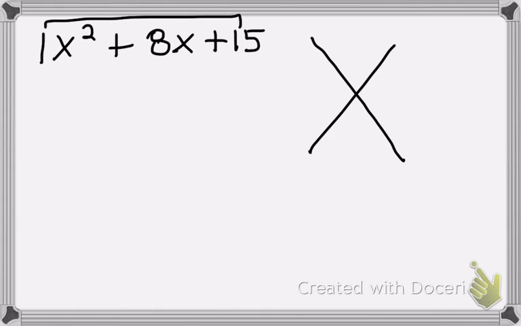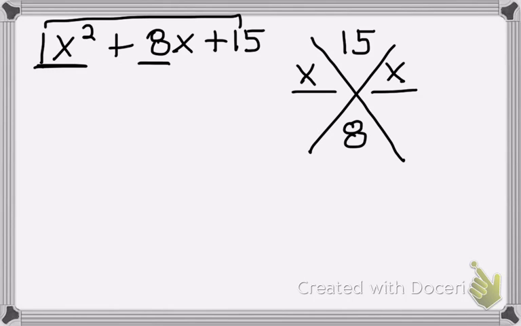So we won't have to worry about the multiplying yet. So 15 goes on top, 8 goes on the bottom, that's our B value. We set up our fraction. Our A value is just x, or 1x, so we just put an x.